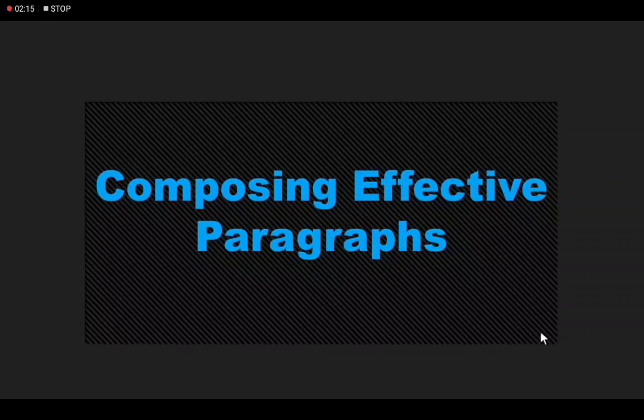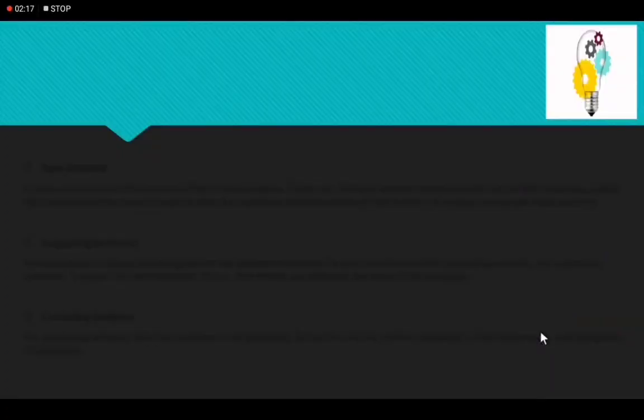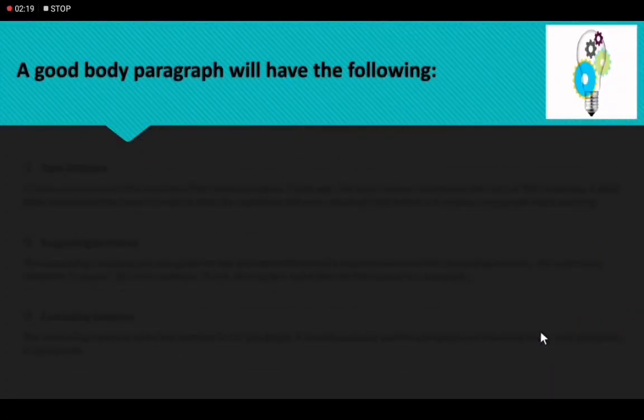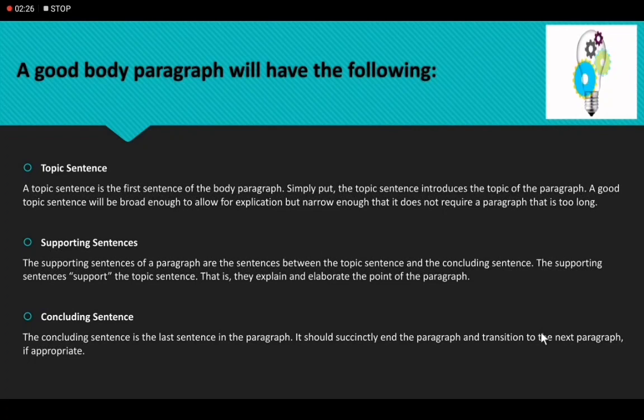So how can we compose an effective paragraph? Well, a good body paragraph will have the following: the topic sentence, supporting sentences, and concluding sentence. Do you remember these points? Of course, the topic sentence is the first sentence of the body paragraph.